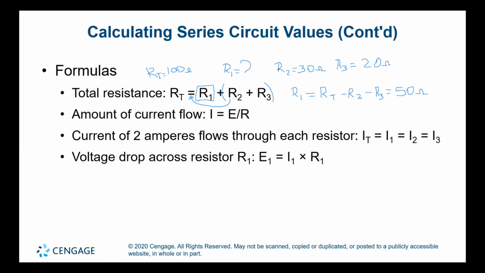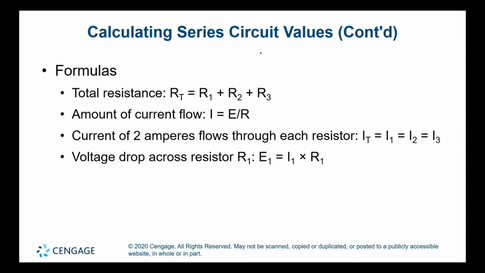Now, the next, let me delete all this. Okay, so the next rule that we were discussing is that the total current is equal on each individual component. So if I have a total current, as I was showing you in the little example, of 1 amp, that's how much is coming out of my battery.